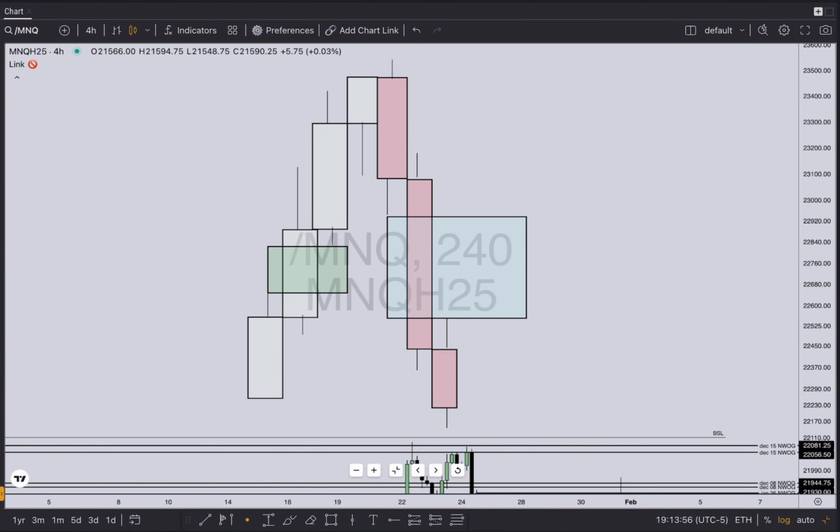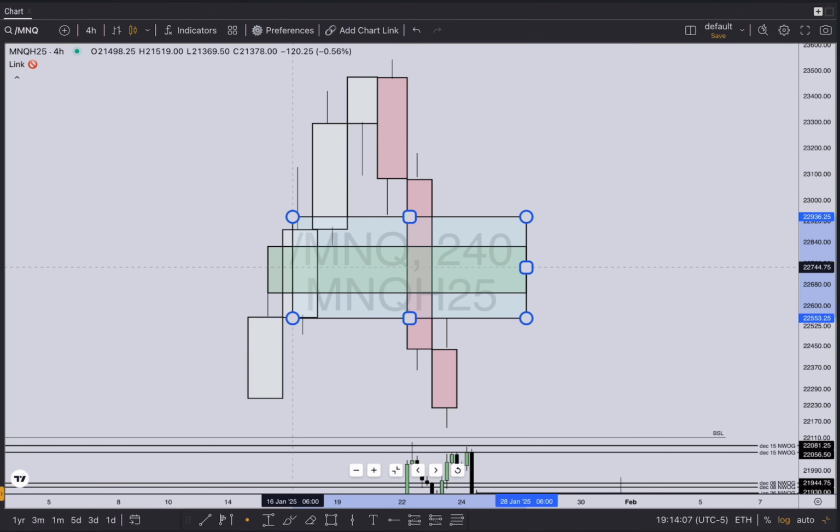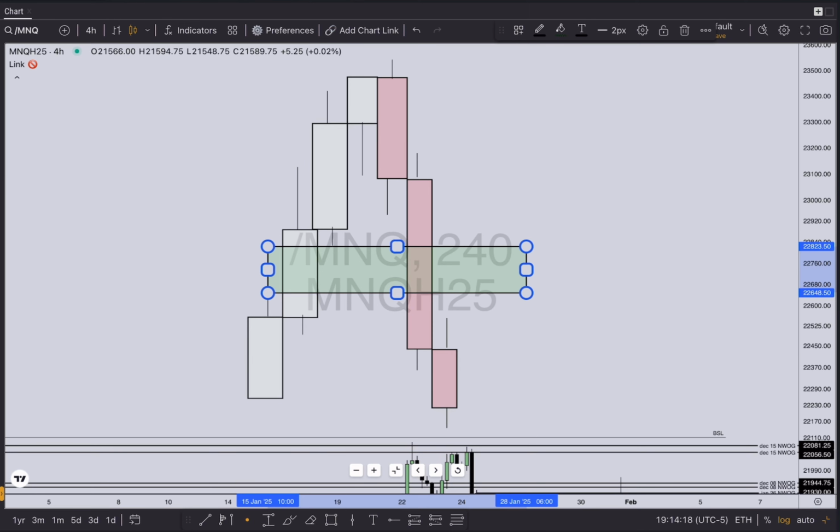So a BPR is when you have two overlapping fair value gaps, and the BPR is the portion that is overlapped. So in this case, if you extend this one to the right, this one to the left, what is the region of these two fair value gaps that overlap? It's the one in the green, right? So the BPR becomes this region.